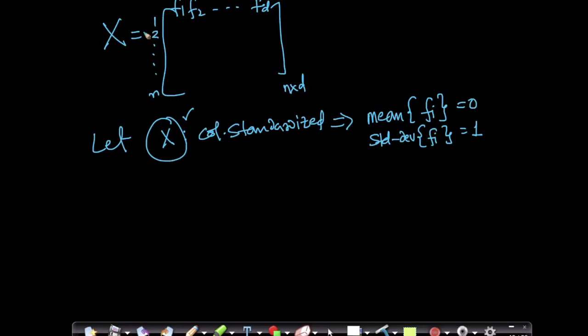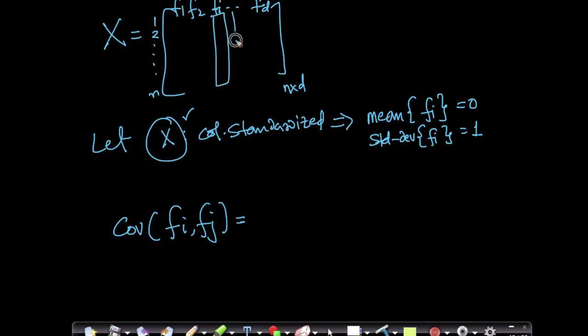Let's just bear with me. Then what is the covariance of features Fi and Fj? Let's write the formula. If I have two features Fi and Fj, what is the covariance between them? Let's assume this is my Fi feature and this is my Fj feature.